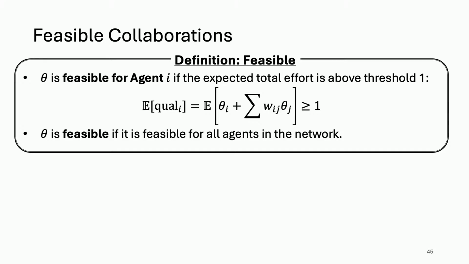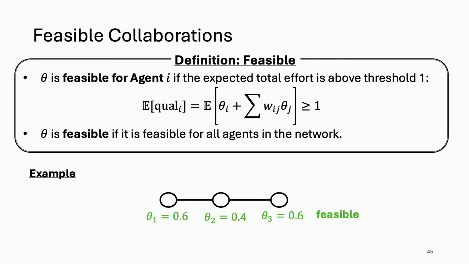Here, the expectation is taken over the randomness of their belief. They have some prior, and then they get some information, so there is some randomness in their belief about the collaboration, and the expectation is taken over that randomness. And we say a collaboration theta is feasible if it is feasible for all agents in that network.